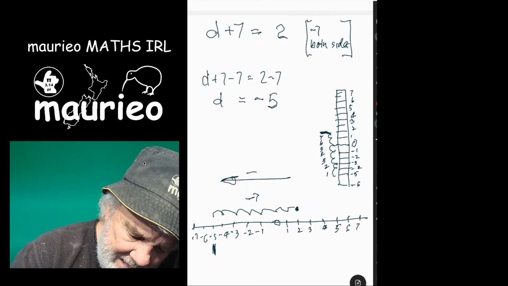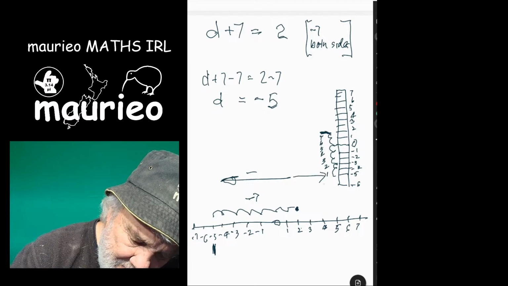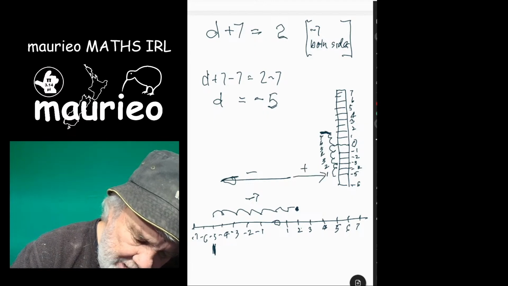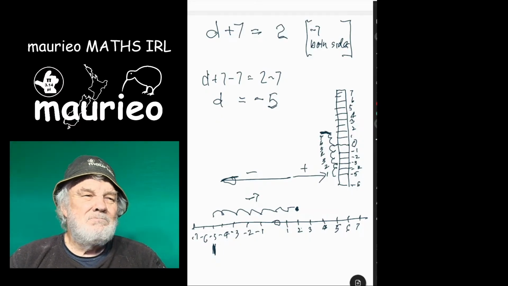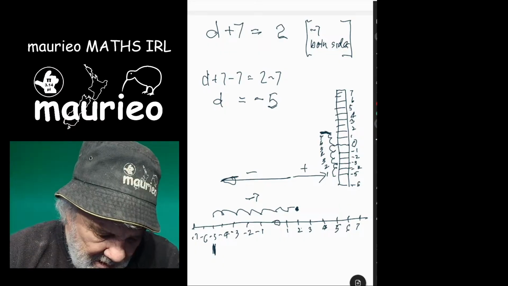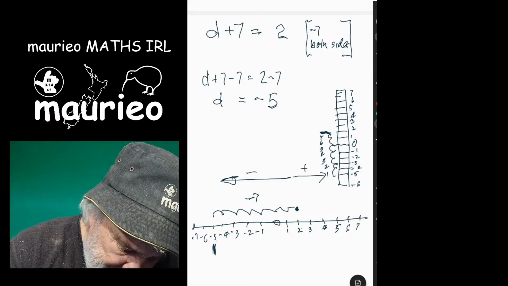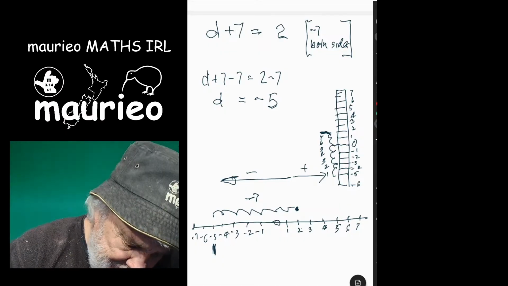And if we add, we go to the right. So if we wanted to check that out, our answer was -5.